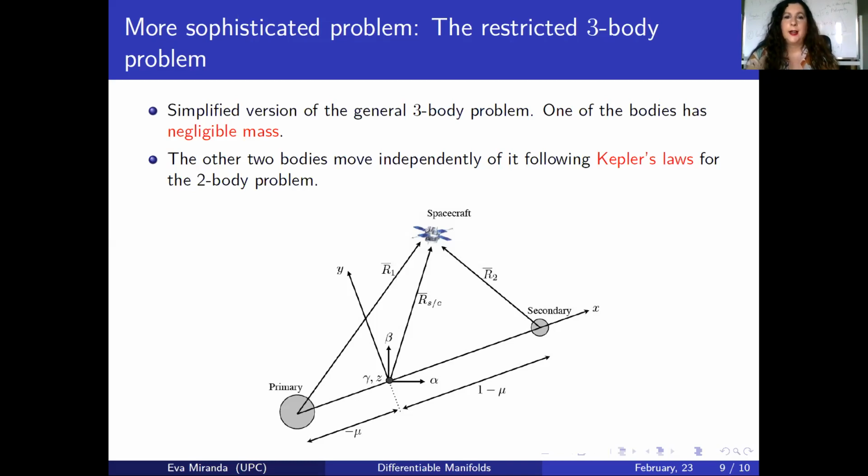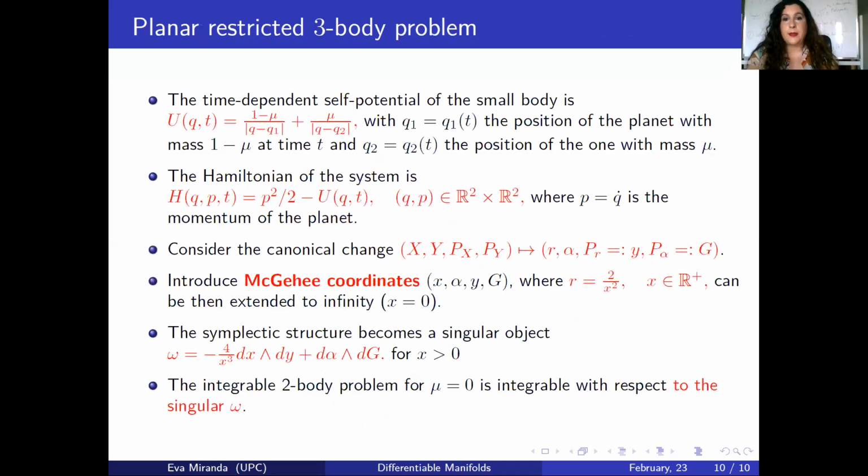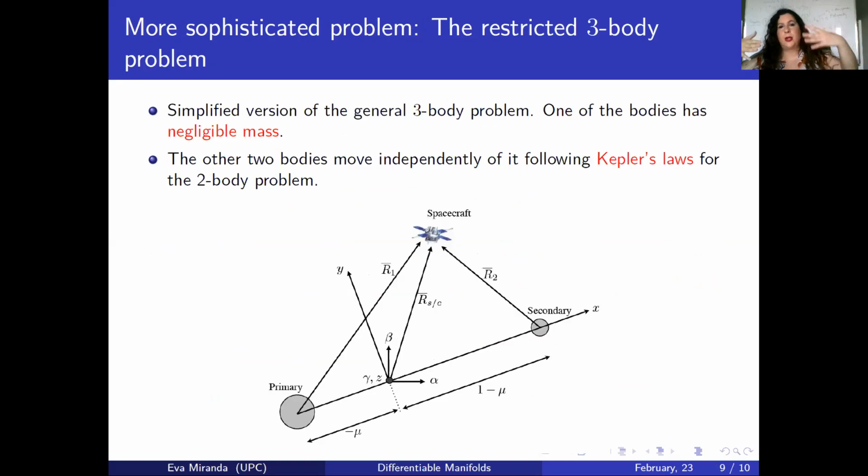Okay. I look at the restricted three-body problem. And here, the Hamiltonian you work with also has a physical interpretation, and it has this equation where the potential takes into account the mass of the system. In the restricted three-body problem, I assume that the bodies move in a plane, okay?